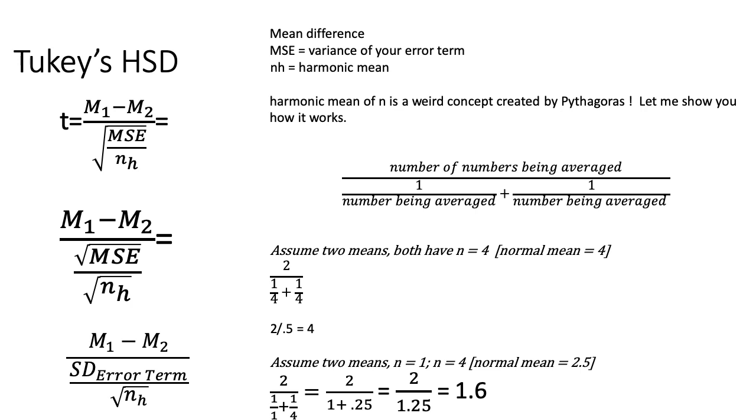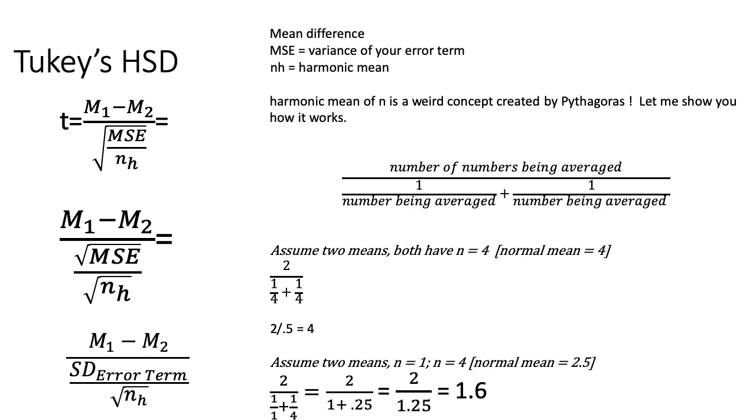Now we have to think about this as the square root of mean squared error divided by the square root of n_H. Let's tackle the square root of mean squared error first. Mean squared error is just another word for variance, the error variance that you use in your ANOVA.